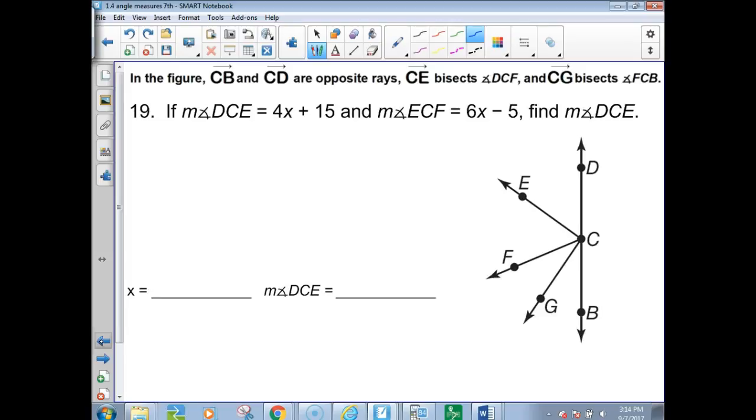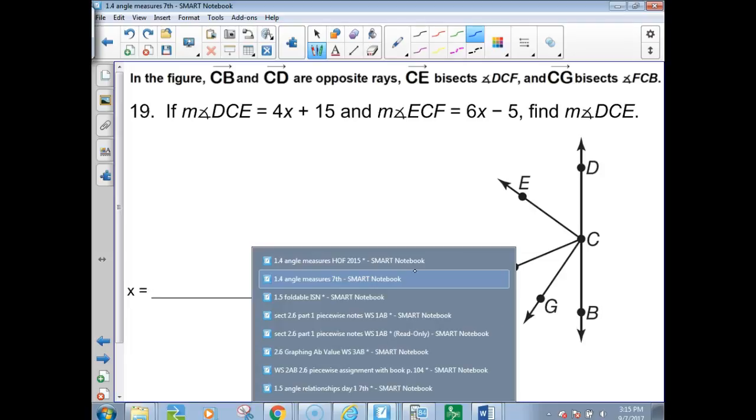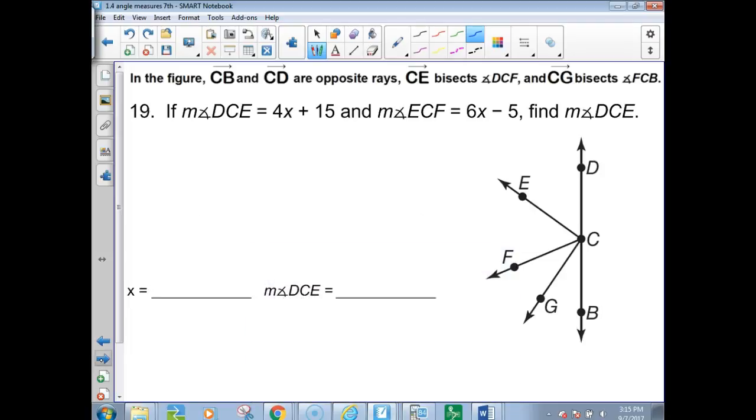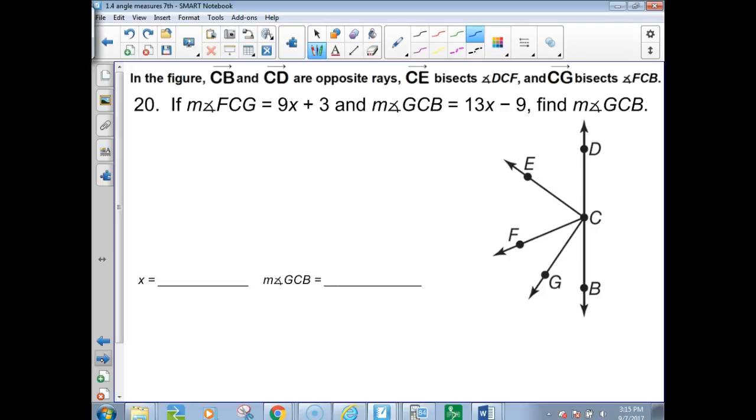Concepts you'll need. This is the 1.4 packet, or we can look at what you got on anything. Tell me what it is you want me to look at. Oh, on the 1.5? On 1.4, okay. Did you tell me a number? You didn't tell me a number.